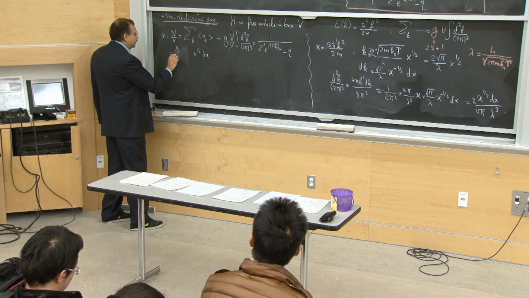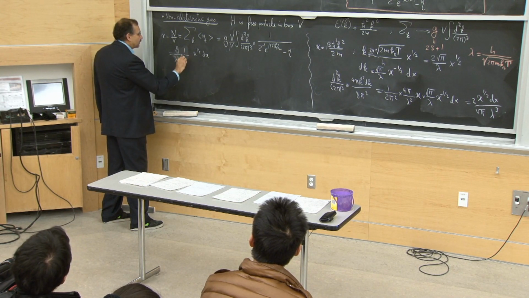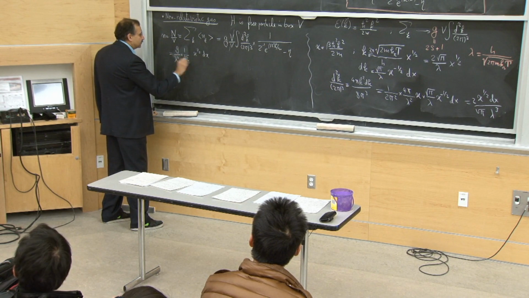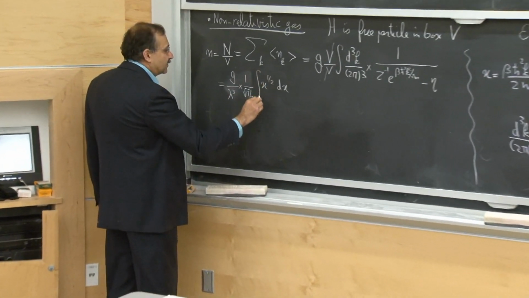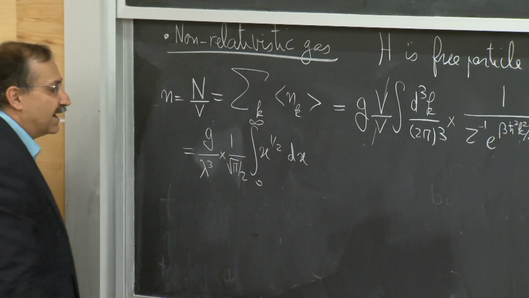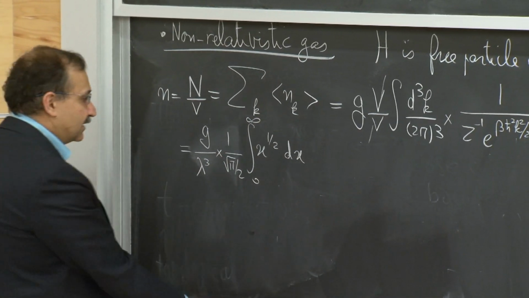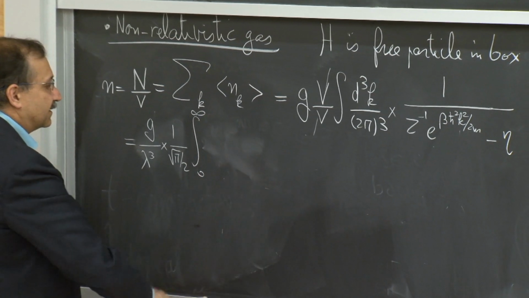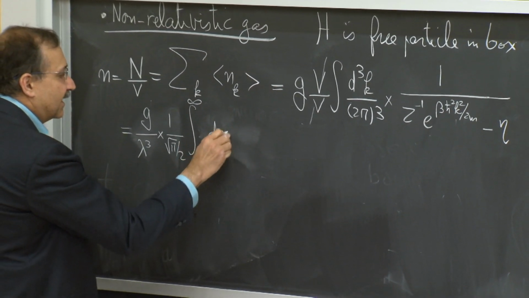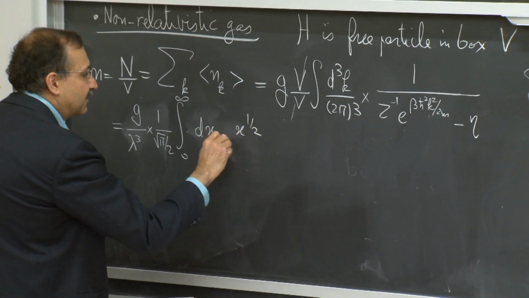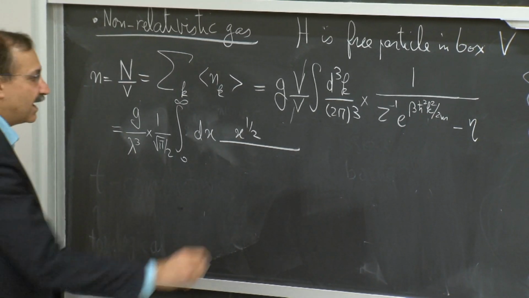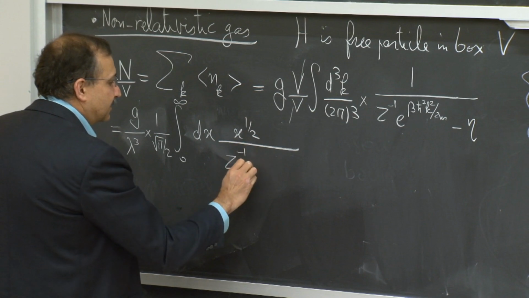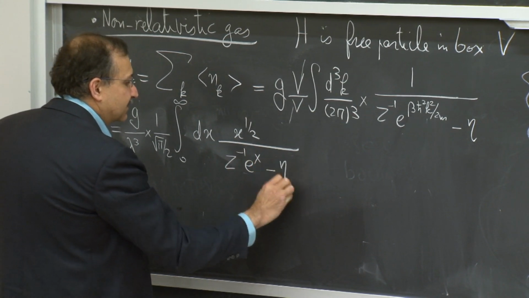So I have g over lambda cubed. I will pull out the factor of root pi over 2 that I had before. And then I have the integral from 0 to infinity dx, x to the 1/2. And in the denominator, what do I have? I have z inverse e to the x minus η.